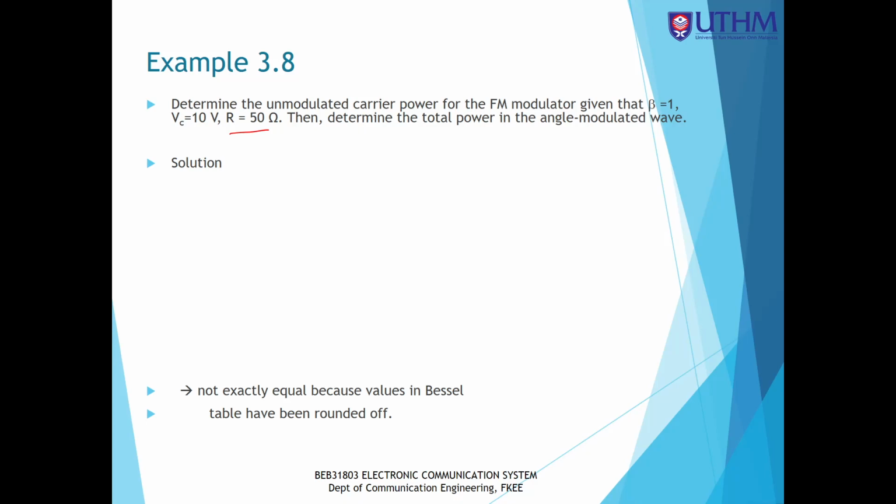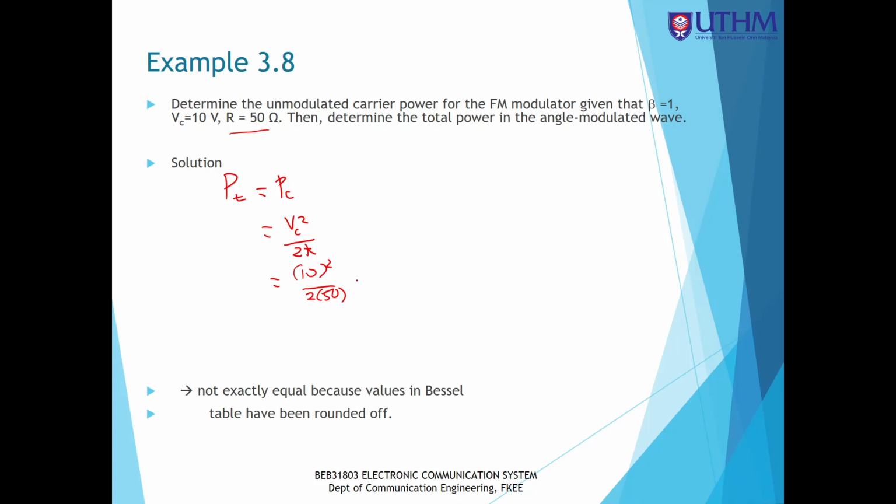So if we use the short equation, P total equals PC, which is equal to VC square over 2R, which is equal to 10 square divided by 2 times 50.